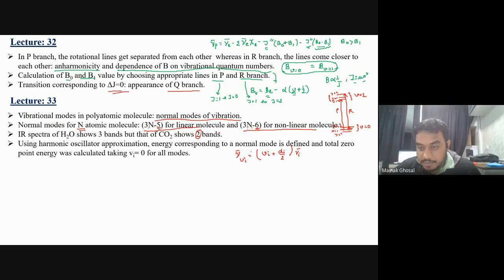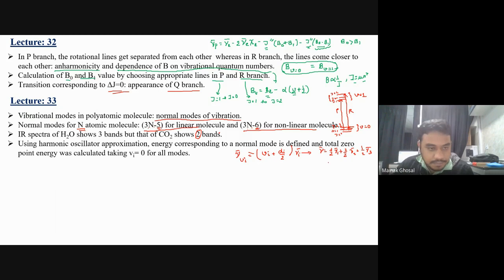It was calculated to be half nu 1 bar, plus, writing in terms of degeneracy, 2 by 2 nu 2 bar, plus 1 by 2 nu 3 bar. So this was the calculated zero point energy for the water molecule.